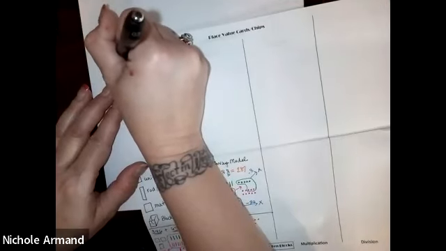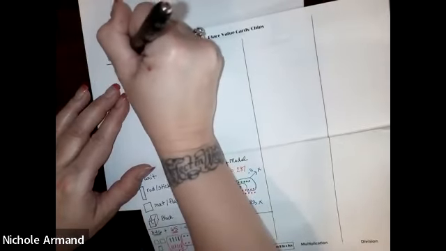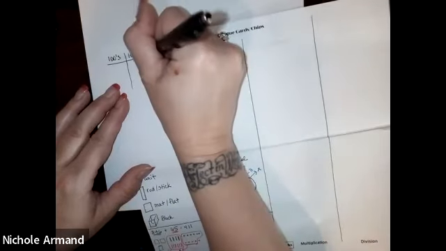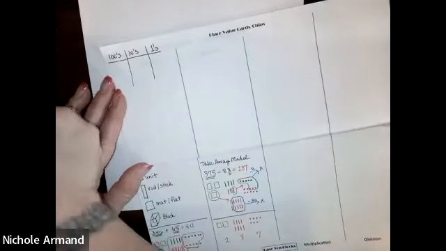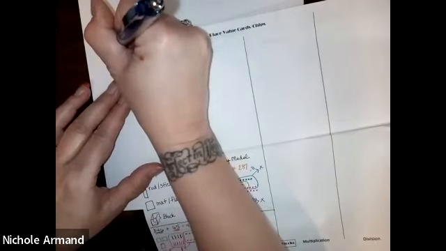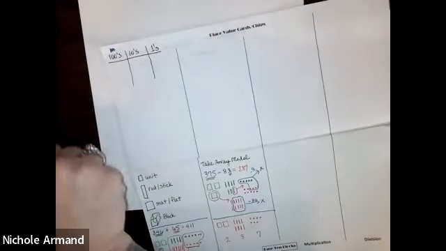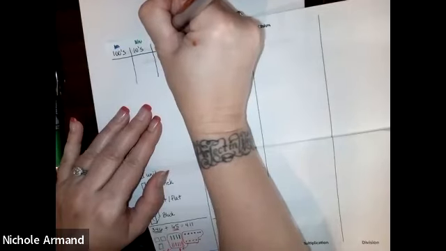So this is going to be the hundreds, and then we're going to have the tens, and then we're going to have the ones. And then I color coded mine, just like I did with the chips. So the hundreds are going to be blue, and the tens are going to be green, and the orange is going to be the ones.